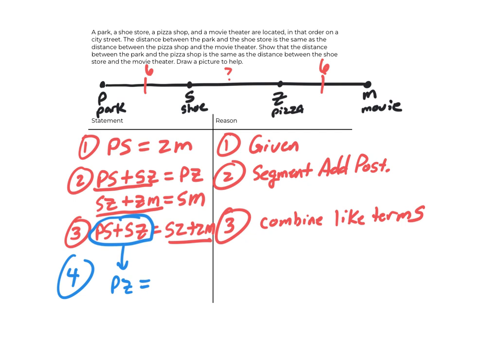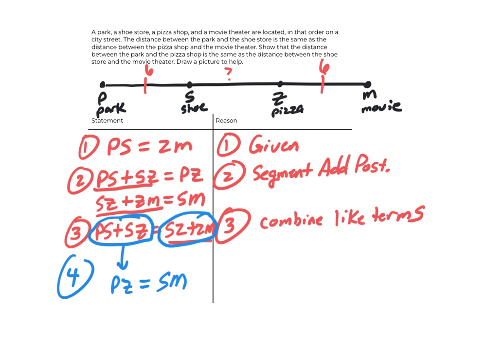SZ plus ZM is really equal to SM. So PZ is equal to SM. The distance from the park to the pizza place is the same as the distance from the shoe store to the movie theater. That's what we're trying to prove.